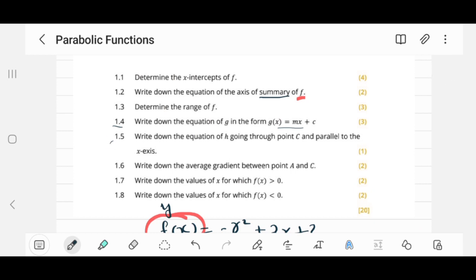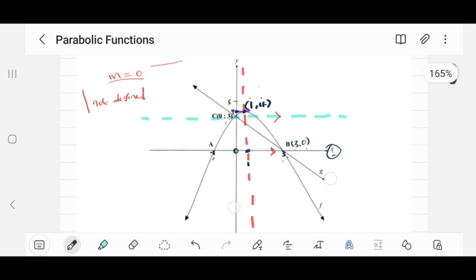So we've answered 1.5. 1.6, write down the average gradient between point A and point C. If we are to do the gradient between point A and point C, it is on a horizontal surface. Point A and point C are on a horizontal surface.